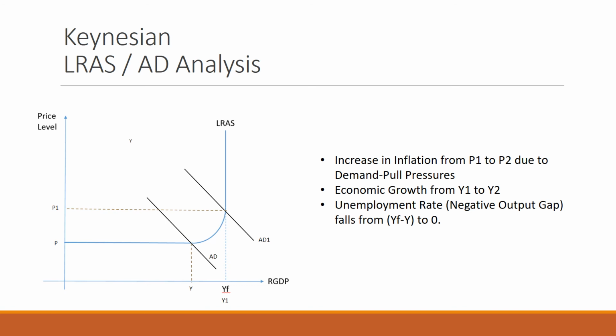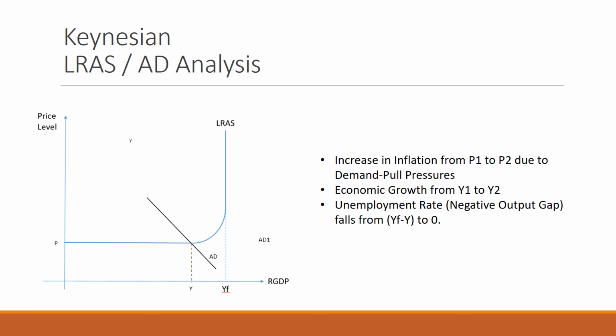Diagrammatically, we could also show this by identifying the area of the output gap. Just a quick recap. An output gap, in this case a negative output gap, occurs when the potential level of output of an economy is greater than the actual level of output of an economy. In the diagram seen, we could see that YF is the potential level of output, as this is the level of output when all resources in the economy are fully and efficiently used.